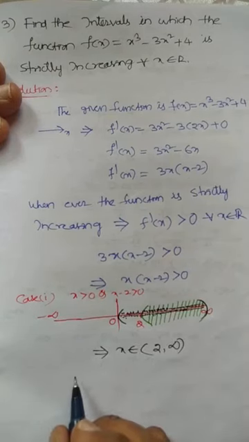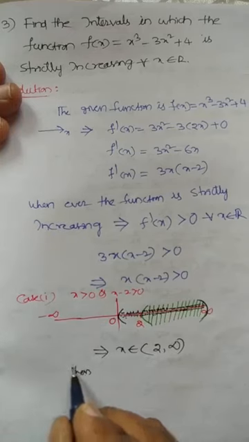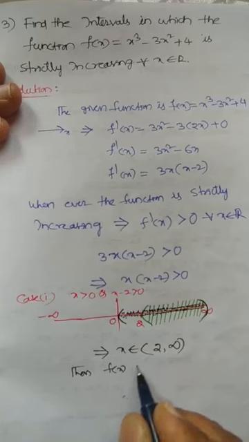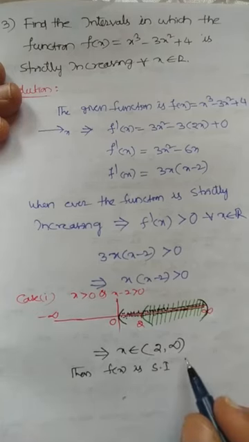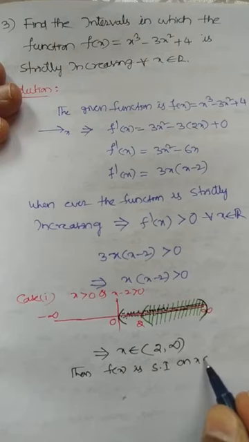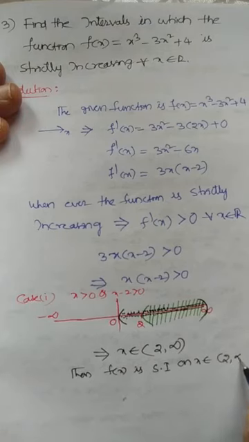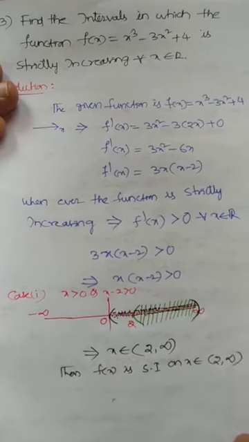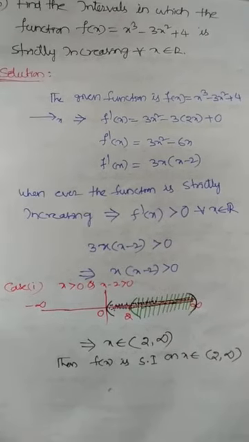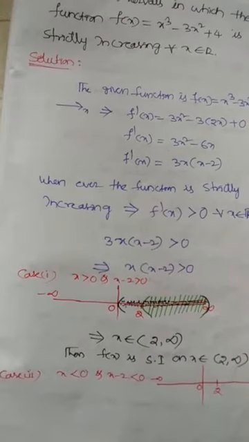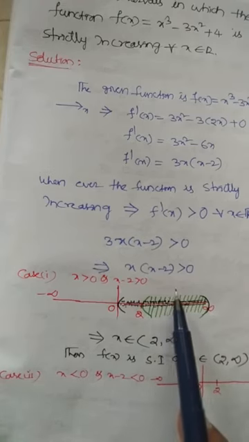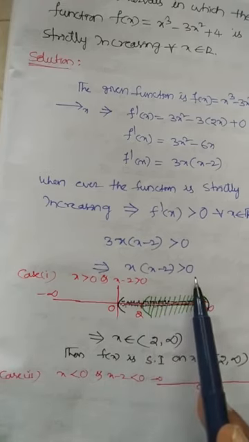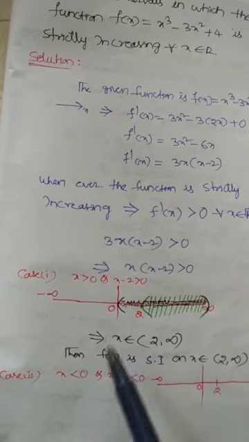In this case, f of x is strictly increasing on x belonging to 2 to infinity. Now observe case 2, to satisfy the relation x into x minus 2 is greater than 0.